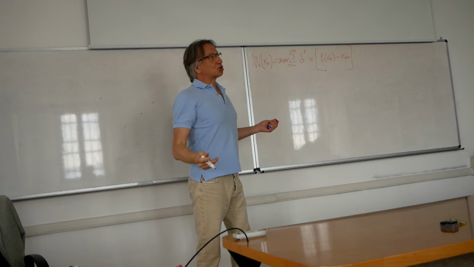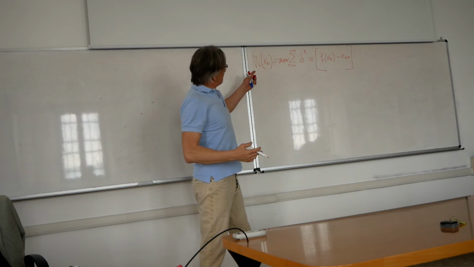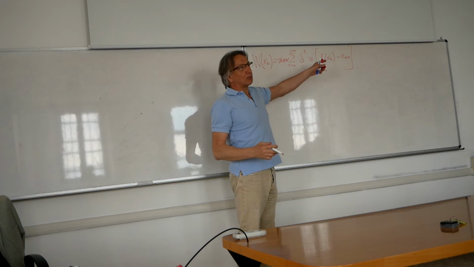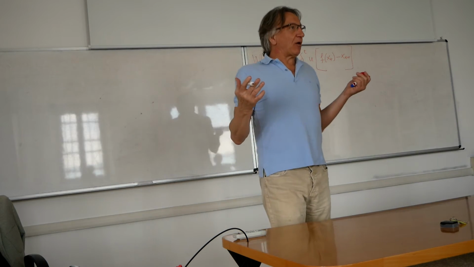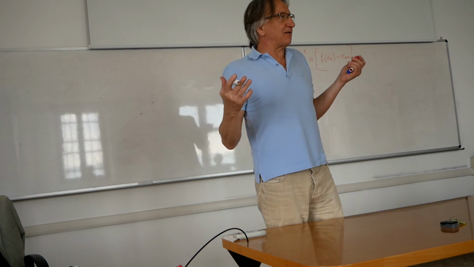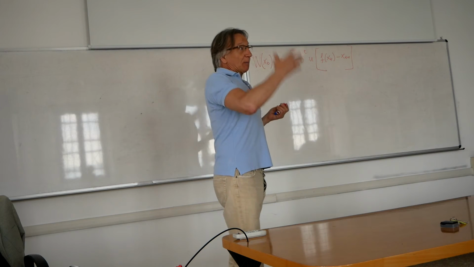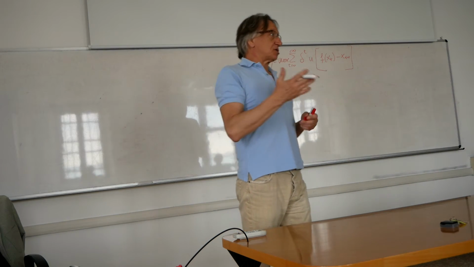You compute the total value of the optimal program, that's a number. That number will depend on how much stock you have, because that's the only thing. You repeat that exercise for whatever initial condition, you get a function.